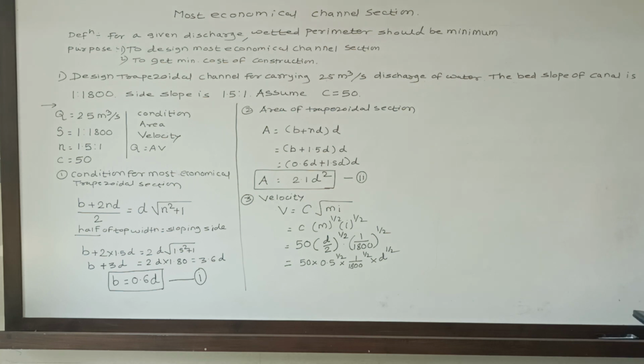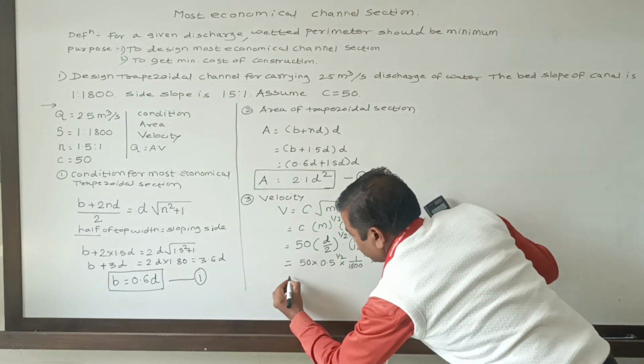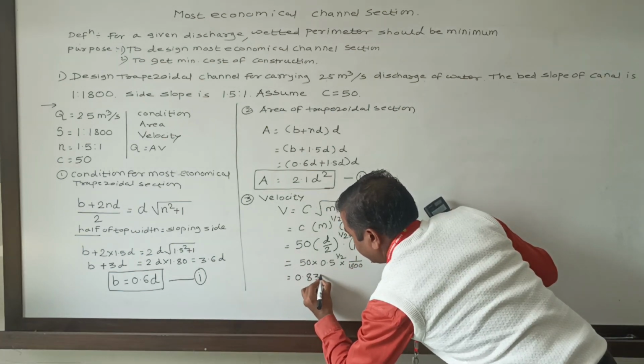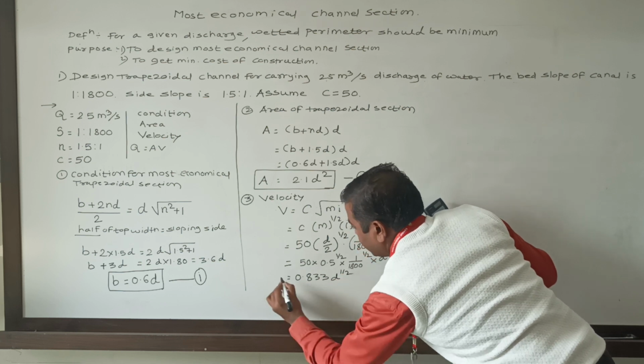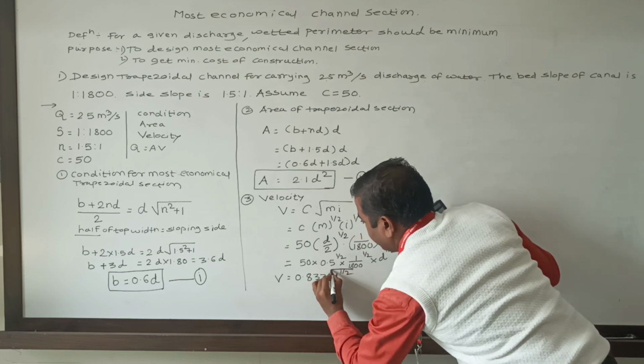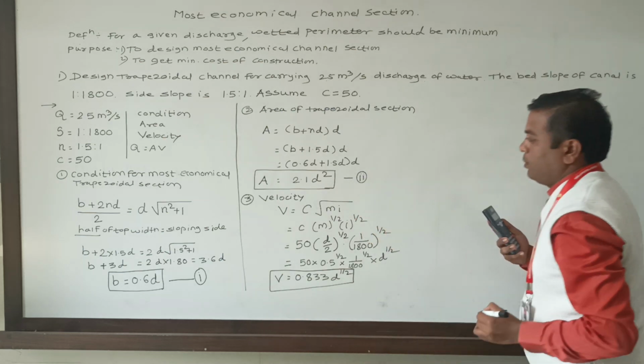Simplifying 50 into 0.5 raised to 0.5 into 1 upon 1800 raised to half, that is equal to 0.833 d raised to half. That is the velocity, which we require in a later stage.